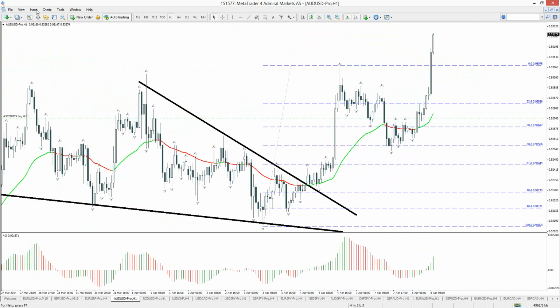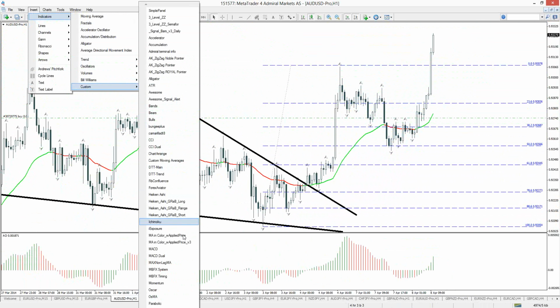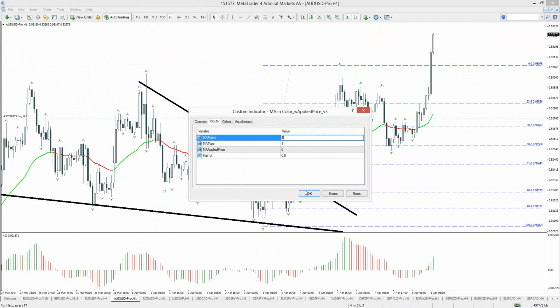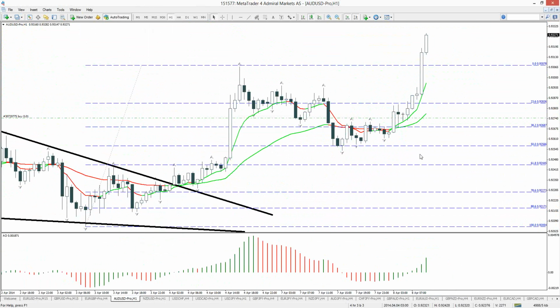If you want to see a bit more how the momentum is, one could use, for instance, an 8 moving average, like this. And we can see that here the moving averages are being torn apart. So there's momentum.